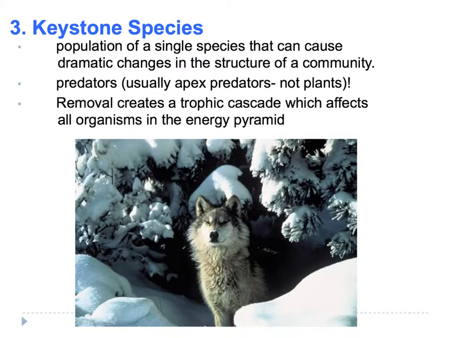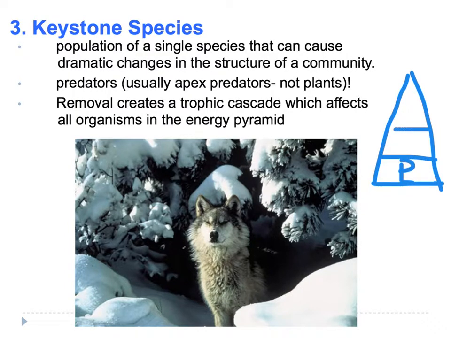Next, your book talks about something called a keystone species. So before we talked about the ecological pyramid, I'm going to draw it off to the side here. We have on the bottom our producers, then we have our herbivores, and then we have our other consumers like our omnivores and our carnivores.